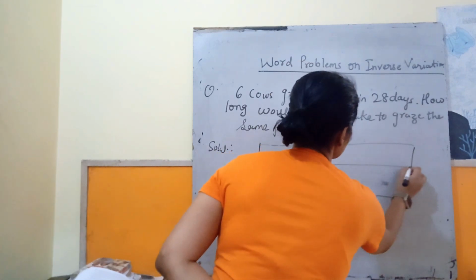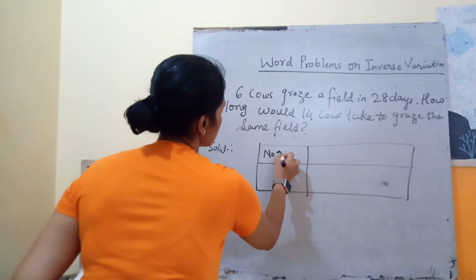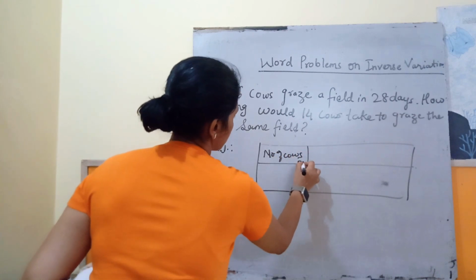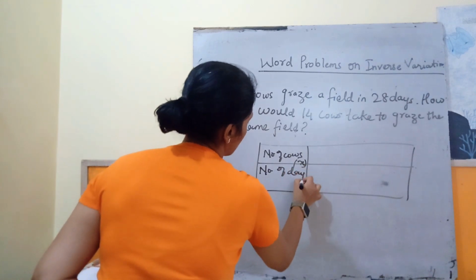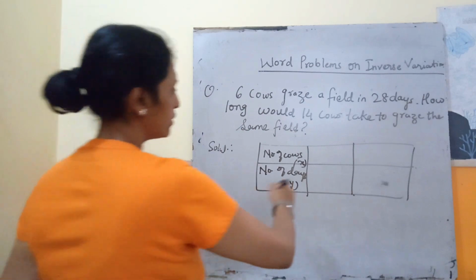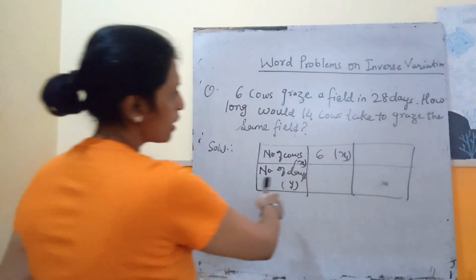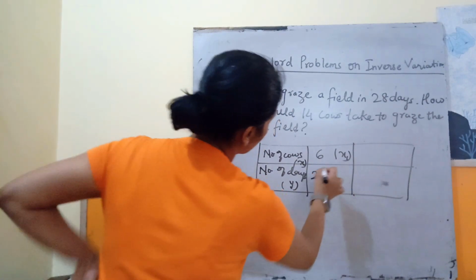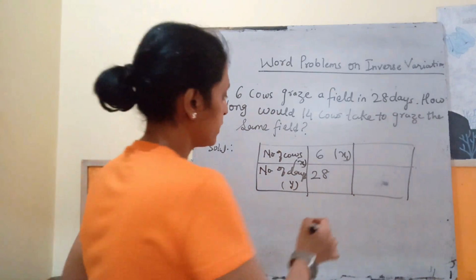Okay, so here the two variables that we have to consider are the number of cows and the number of days. Number of cows, you can take it as x, and number of days as y. So x1, that is the number of cows, is given as 6, and they are grazing the entire same field in 28 days.